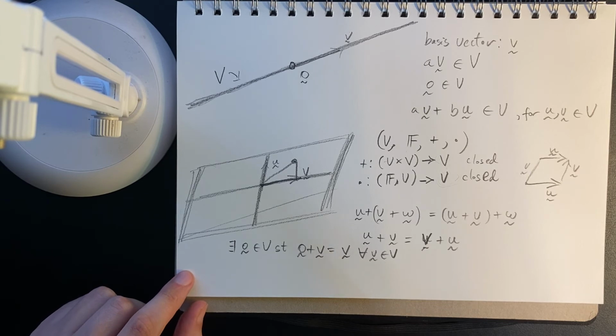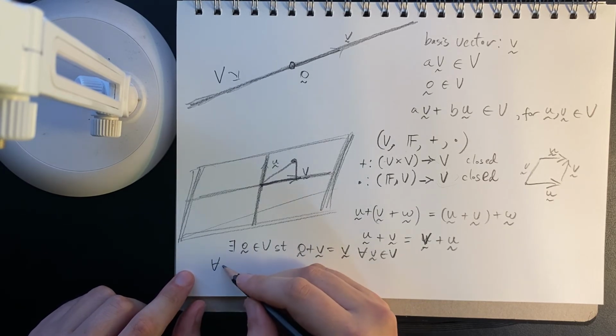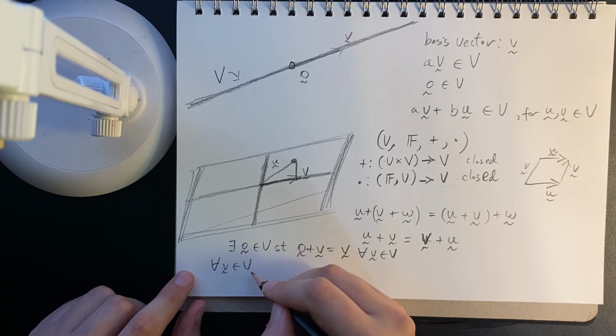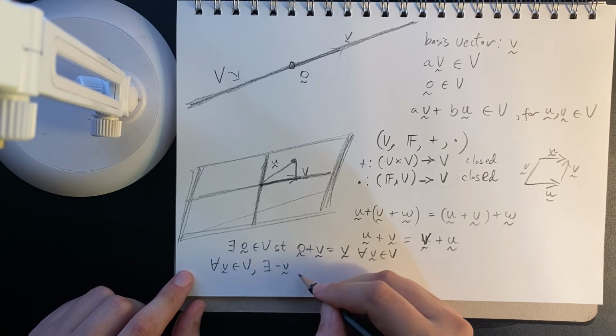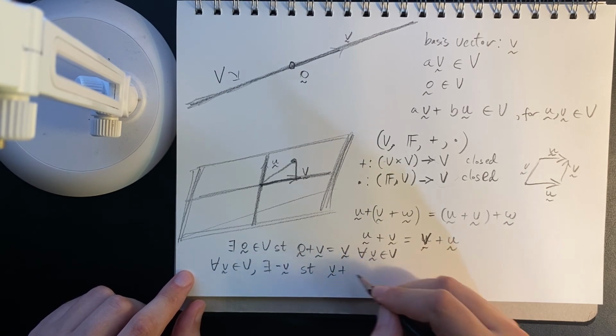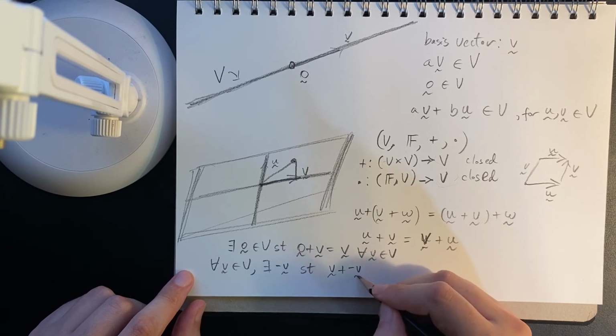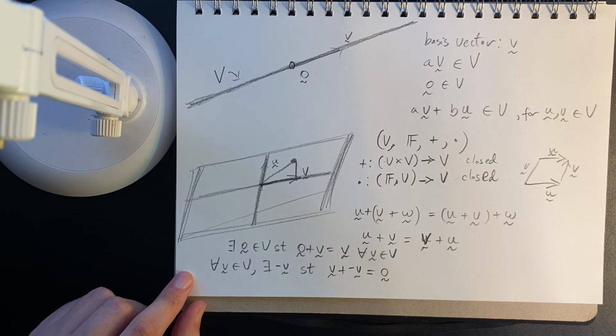Then we have an inverse for addition. So we say for every element of our vector space, there exists an additive inverse such that when I add these together, I produce the additive identity.